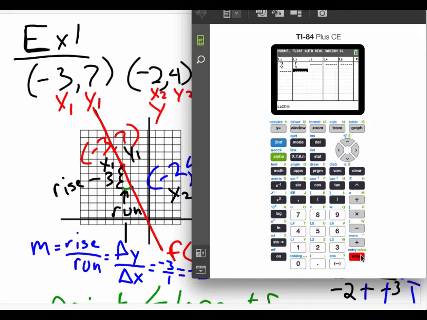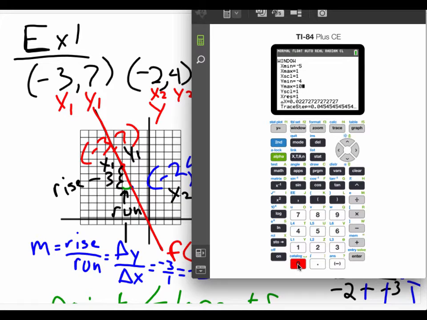Give me 1 second. I'll come check it out in a second. So what I want to do is, when I set my window up, let's do x from -5 to 1. And then for your y minimum, let's go -4, and y max, let's go to 10.